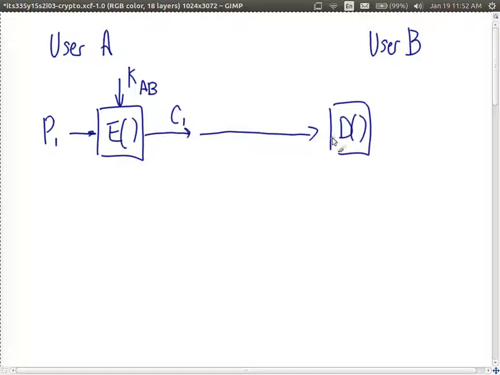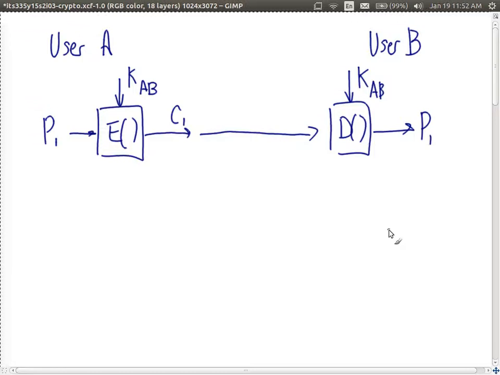We decrypt using the decryption function, and importantly, in the normal case, the ciphertext should be decrypted with the same key that was used for encryption if we want to get the original plain text. So the notation so far: two users share a secret key, which we'll denote as KAB.